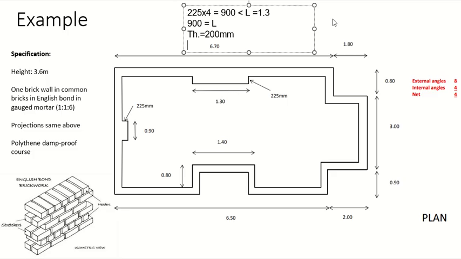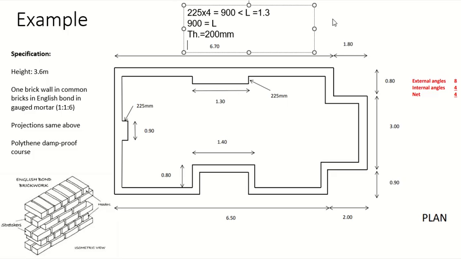Then the top projection, 1.3 length. I subtracted the projection, right? Yeah, I did. And the thickness will be 225 plus 200. 225 the projection, 200 the thickness of the wall. So it will be 4, 2, 5, 3.6. This is the top projection.